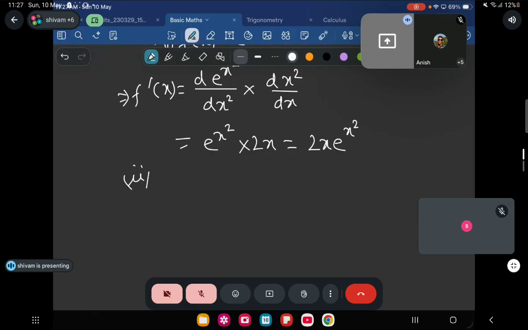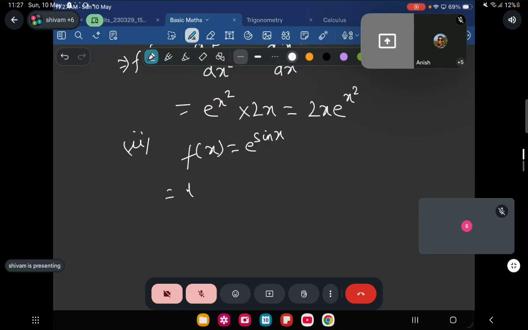So just now I have shown e to the power sin x. If f of x equal to e to the power sin x, I want to differentiate. We don't know the differentiation of e to the power sin x directly, but we know the differentiation of e to the power x, exponential form.